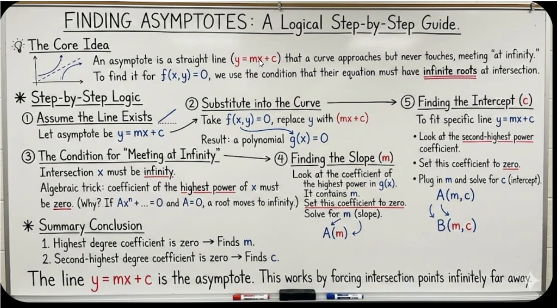The point on the line, x comma mx plus c, satisfies this curve equation at infinity, because at infinity it touches it.